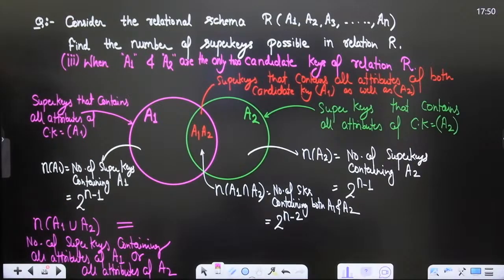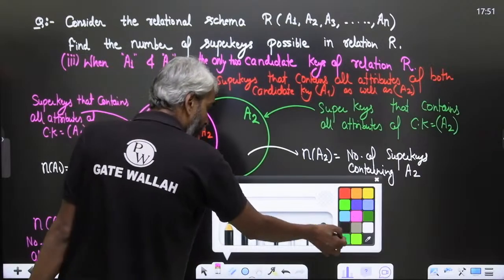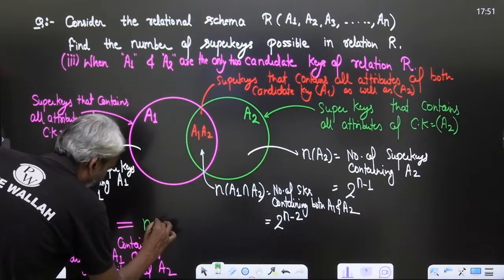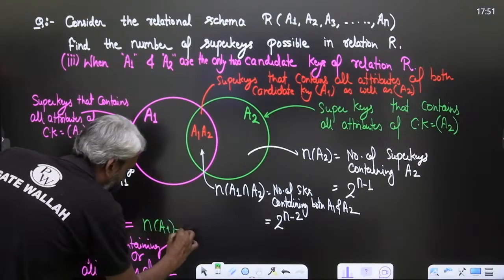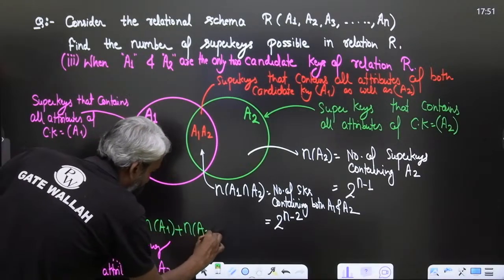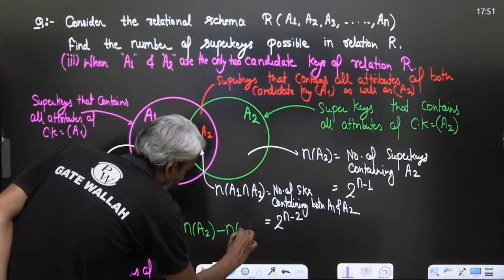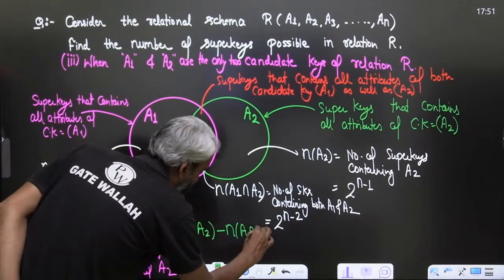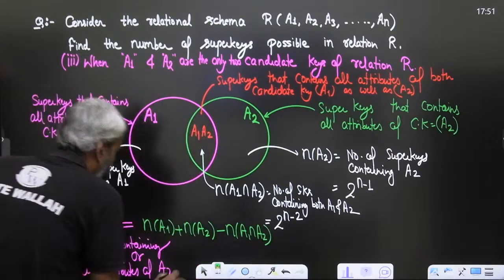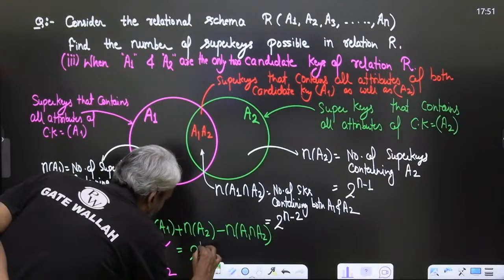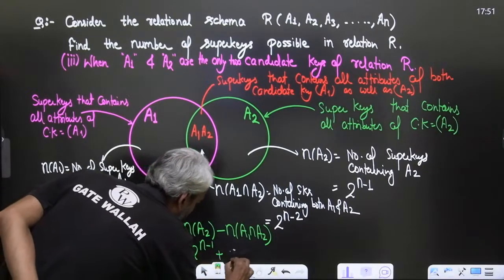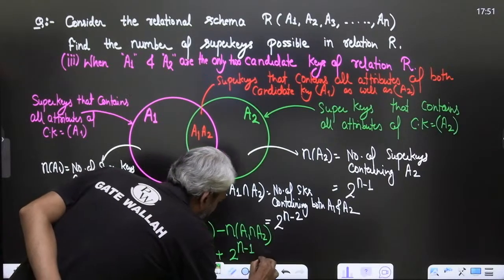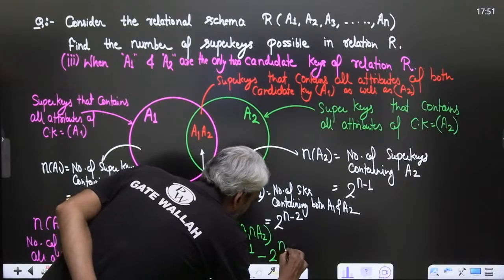We have already defined that it is the number of elements in set A1 plus the number of elements in set A2 minus the number of elements in A1 intersection A2. So it will be 2 raised power n minus 1 plus 2 raised power n minus 1 minus 2 raised power n minus 2.